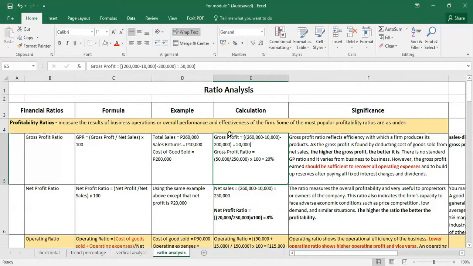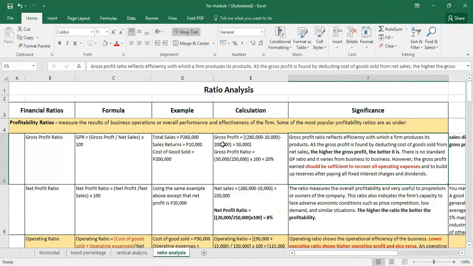So, makukuha na natin yung gross profit. Walang standard amount sa gross profit ratio. Ang mahalaga, pag nagkaroon tayo ng gross profit, dapat na-cover up na lahat ng mga operating expenses, the taxes, and the interest. Dapat may matitira pa tayo sa net income. Kung ang net income natin, for example, ay maging negative, meaning to say, yung gross profit ratio natin is maliit, hindi niya kayang i-cover yung lahat ng mga operating expenses natin.